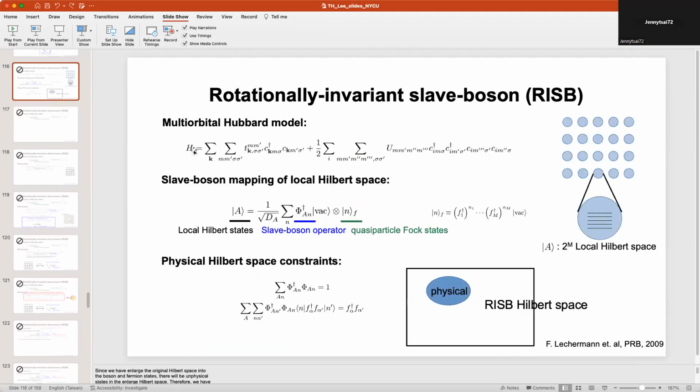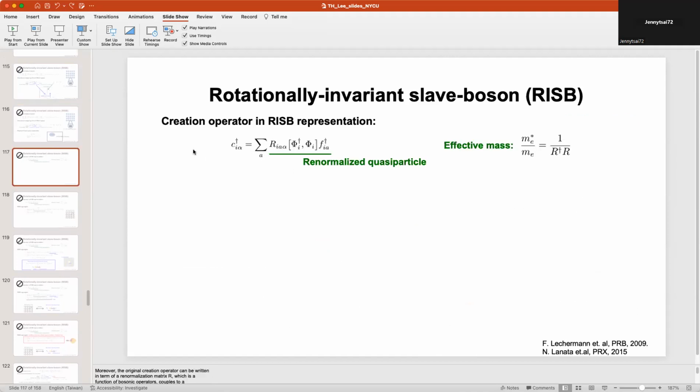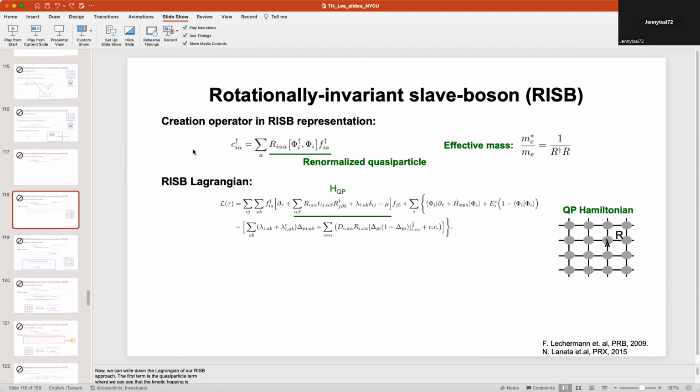The form of R is also quite ugly, so we promote R to become an independent variable, and then through this D. So the form of R would be, this would be in the denominator.